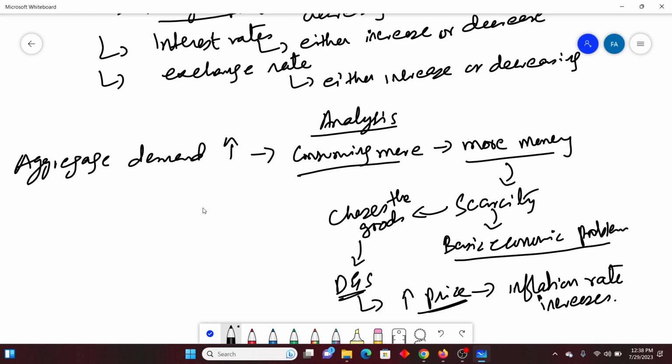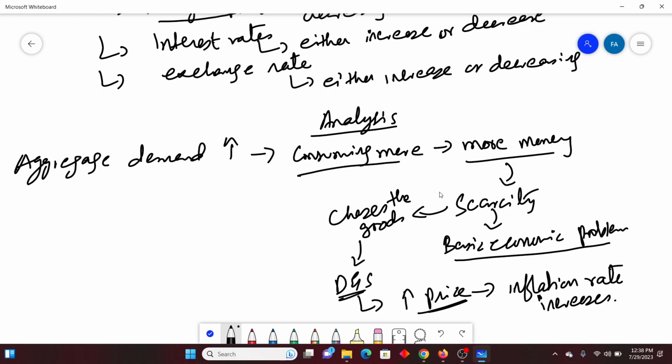So let me just sum up all the things. If the aggregate demand is high, there is more consumption because of more money being held by people. And we know the concept of scarcity, the basic economic problem, which says that you have to choose between things. You cannot opt for everything. So you have more money chasing fewer goods.